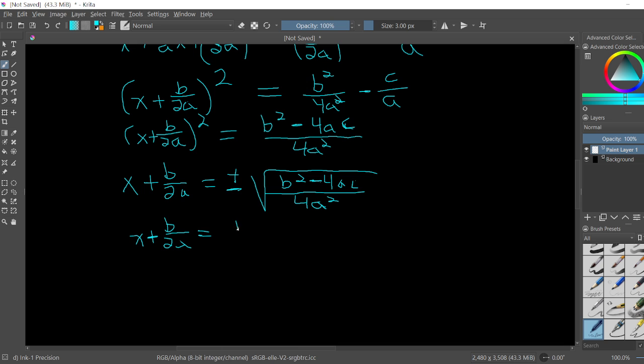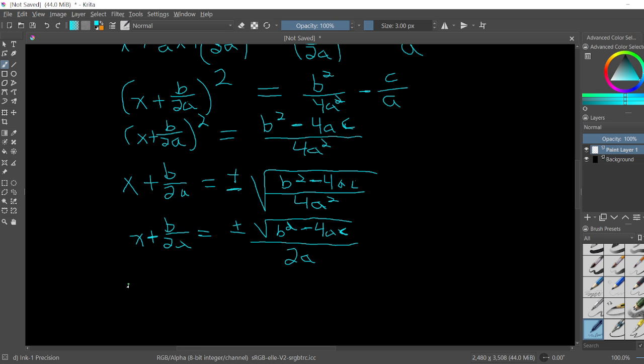So I'll put the plus or minus here. And the thing to note is in the denominator, I can take the square root of that. And the square root of that is 2a.